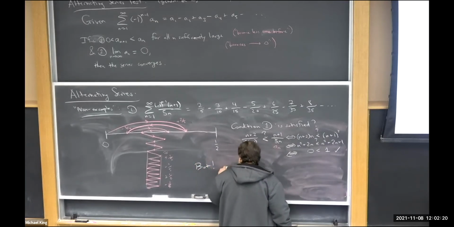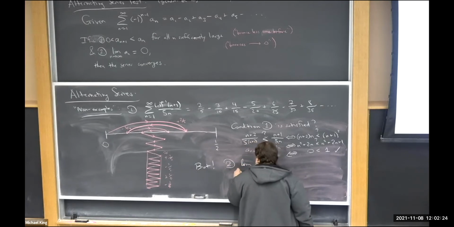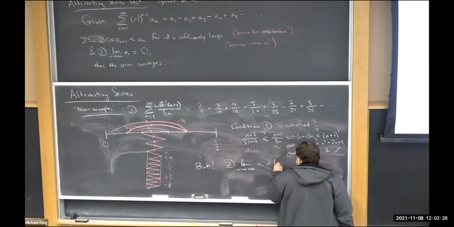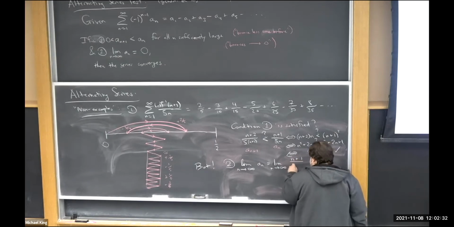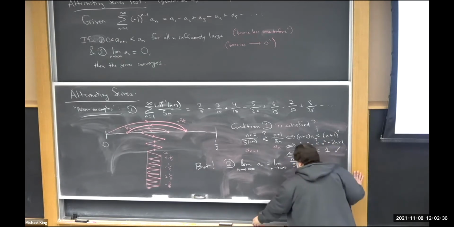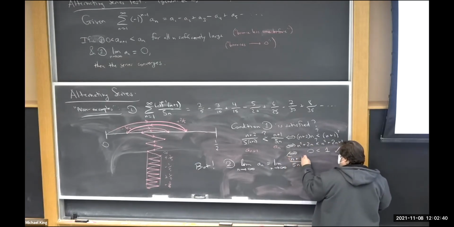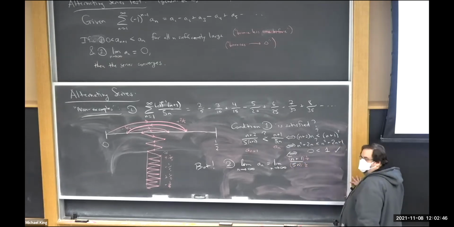But for condition 2, the limit as n goes to infinity of a sub n is the limit as n goes to infinity of (n plus 1) over 5n. And remember, we talked about how to resolve these. You can just think about the plus 1 being negligible, but you can also multiply the top and bottom by 1 over n to force the infinities into the denominators.